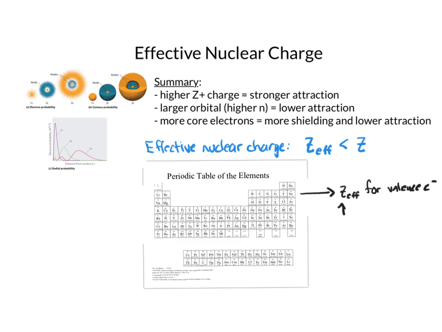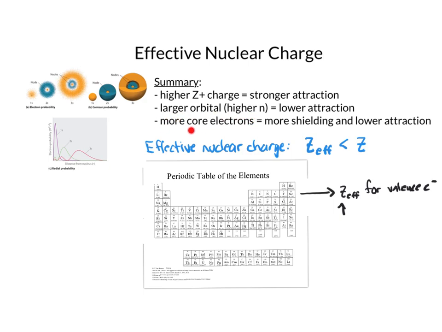In addition, each of these has more and more core electrons. Initially, lithium only has the 2 electrons in the 1s orbital, the same configuration as helium, so those are 2 helium core electrons. Then sodium has 10 core electrons, potassium has 18 core electrons, and so on.